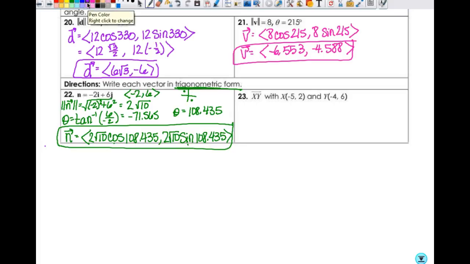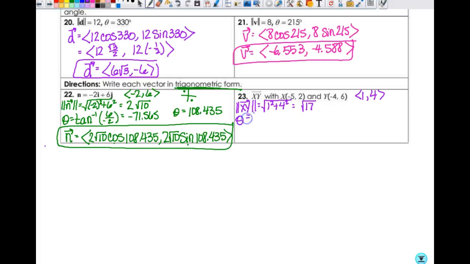All right. So here again, got to find component form first. So negative 4 minus a negative 5 is going to give me a positive 1. 6 minus 2 gives me 4. Okay. So magnitude of xy is equal to the square root of 1 squared plus 4 squared, which is the square root of 17.